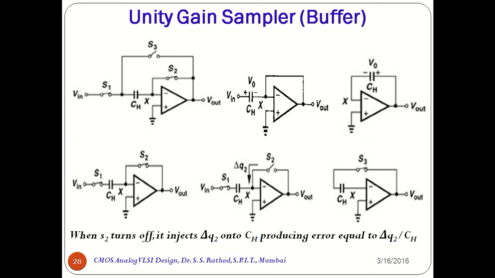The op amp's high gain requires that node X still be a virtual ground. And since the charge on the capacitor must be conserved, Vout rises to a value approximately equal to V0. This voltage is therefore frozen and can be processed by the subsequent stages.